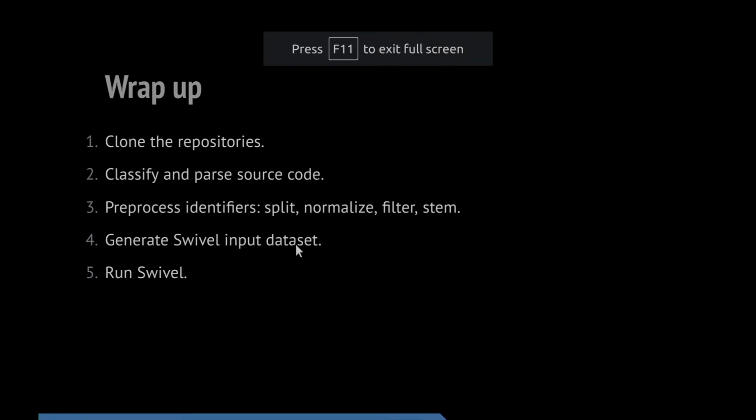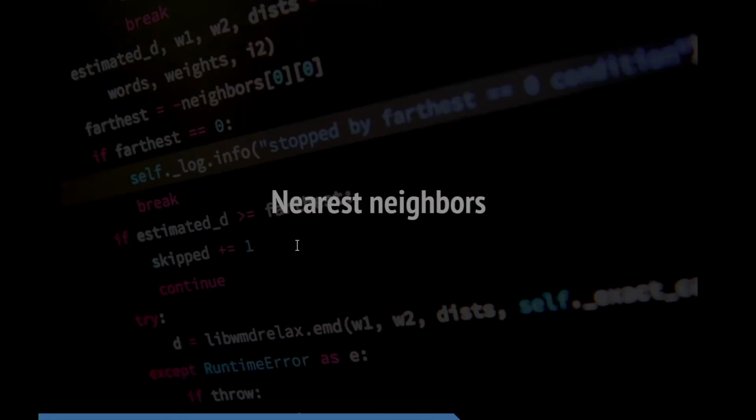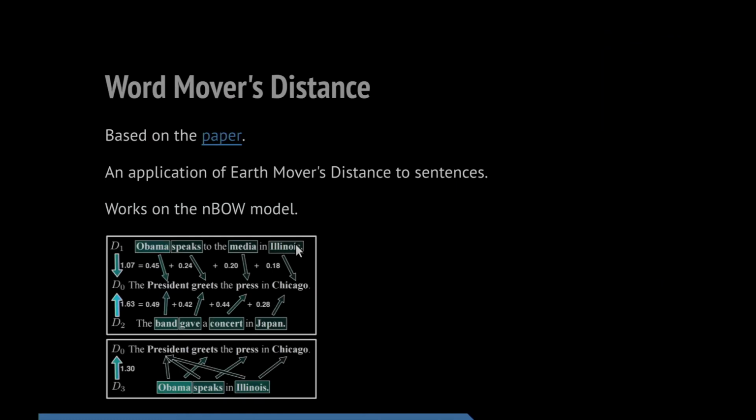All right. So after we get these identifiers, we need to develop an algorithm to find nearest neighbors. It turns out that word mover's distance works best and gives the best results from what we've seen so far. It's not the fastest algorithm, but it works.